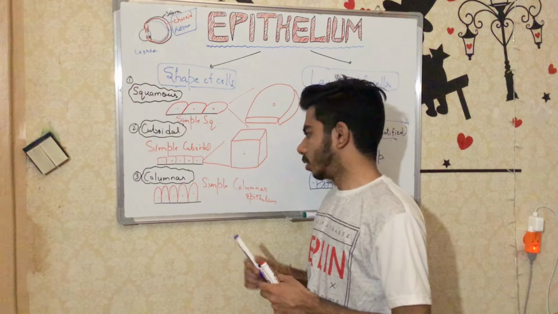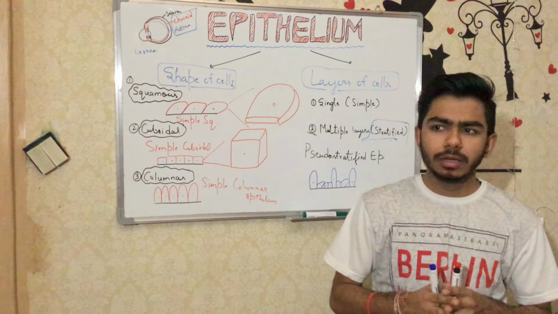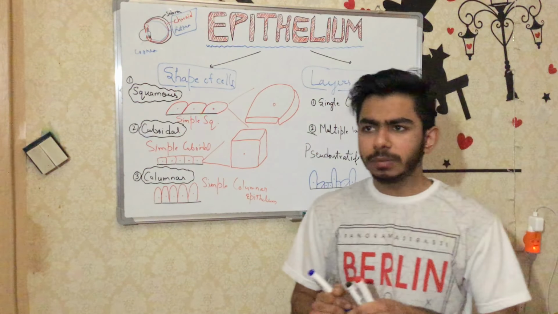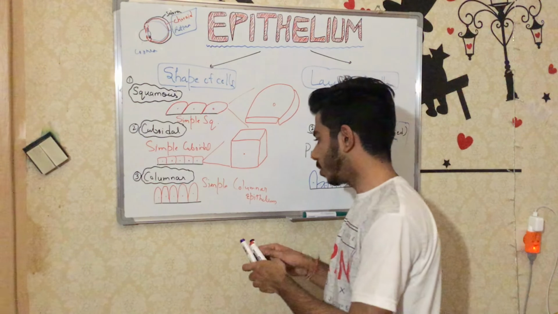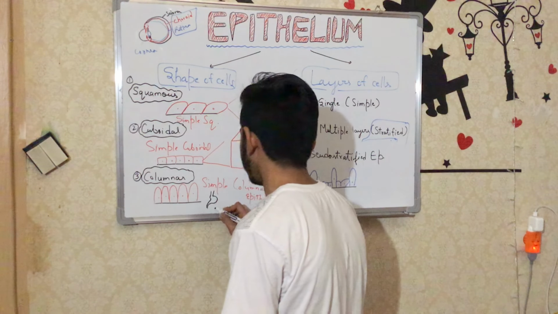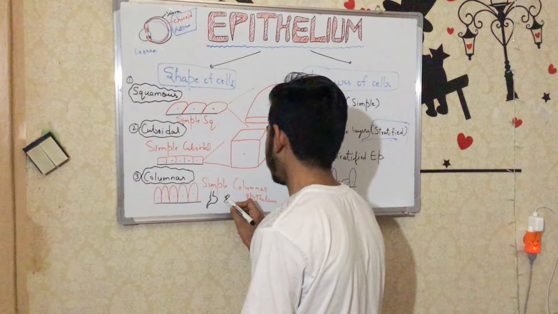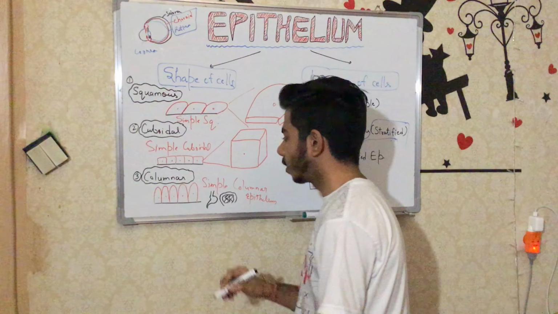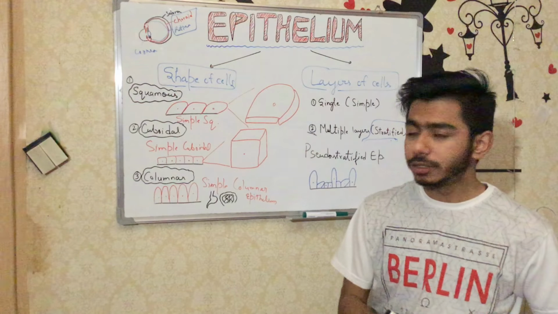Now let's move on to simple columnar epithelium. Where is it located? It could be located in the mucous membrane of the stomach, also the intestines, also the large intestine, and in the gallbladder too.